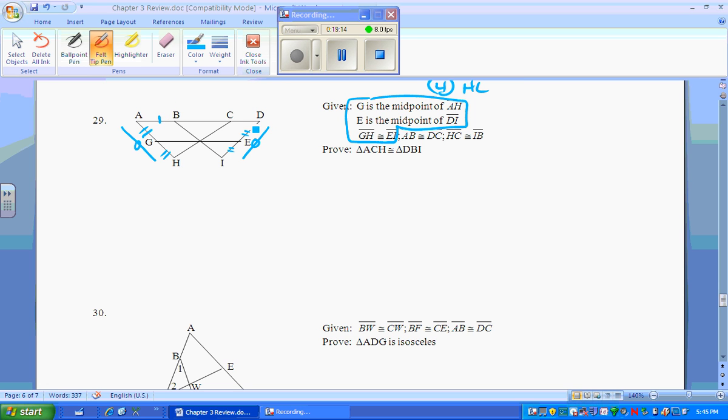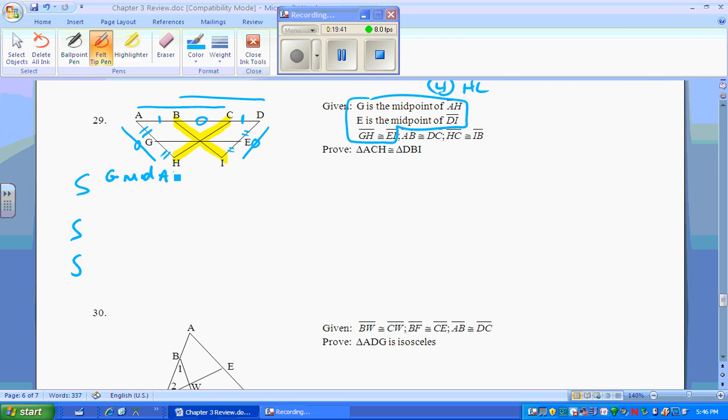AB is congruent to CD, which we can get from this side here and this side here because we know this piece is reflexive. And then HC, which is the third side here, and this side here are also congruent to each other. So we can prove these two triangles congruent by side, side, side. Let's do the like multiples first.